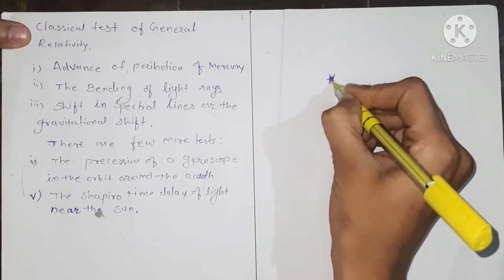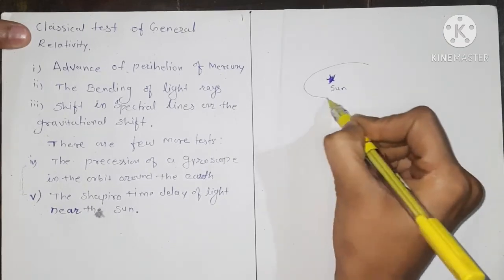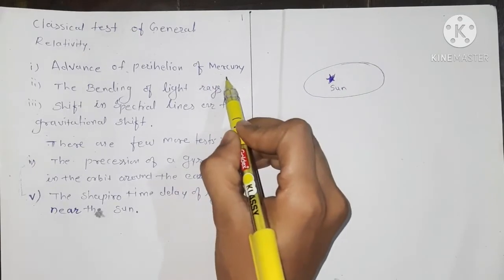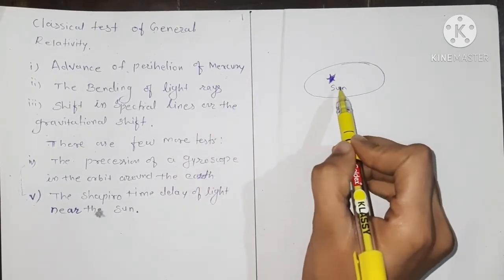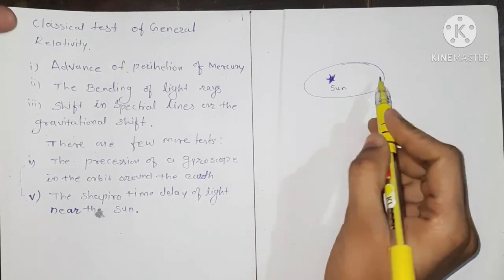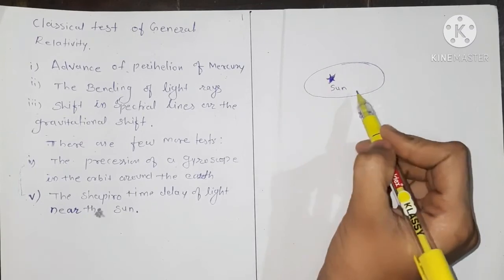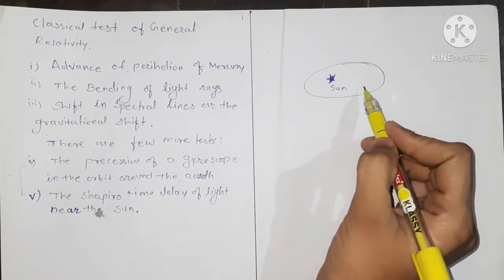This is our Sun, and this is an elliptical orbit formed by Mercury. This planet Mercury is very close to the Sun, the nearest planet to the Sun. The orbit taken by Mercury is an elliptical orbit. All planets revolve around the Sun in elliptical orbits.